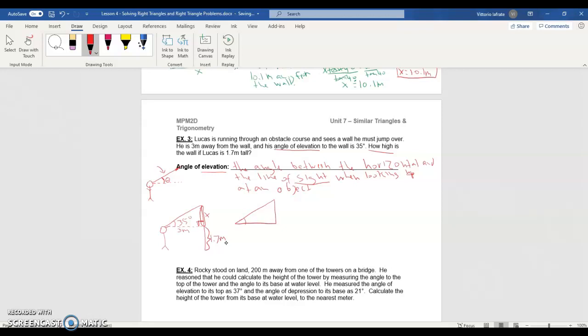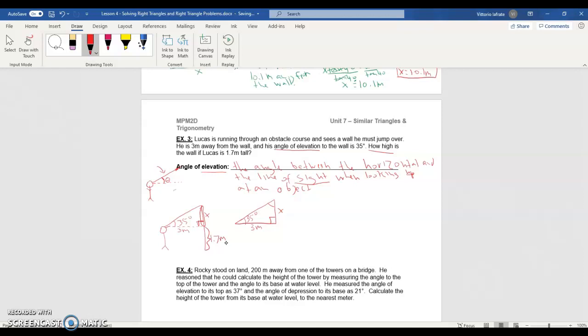We have our angle of elevation given to us that was 35 degrees. We have 3 meters over here. We have our 90 degrees here. We could find the angle in here if you wanted to, by doing 180 minus 35 minus 90. But let's see if we even need it.